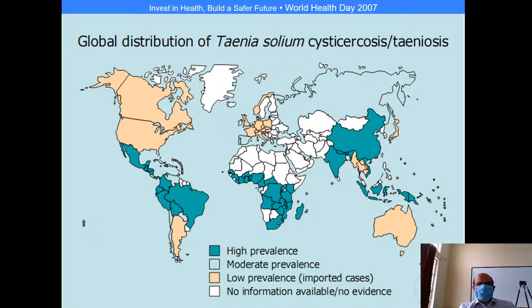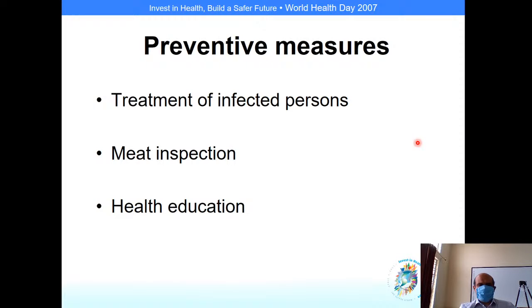This picture depicts the global distribution of Taenia solium, cysticercosis and teniasis. Preventive measures are treatment of infected persons, meat inspection, and health education.